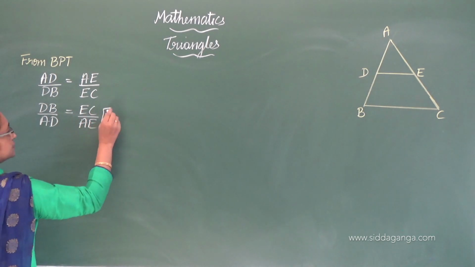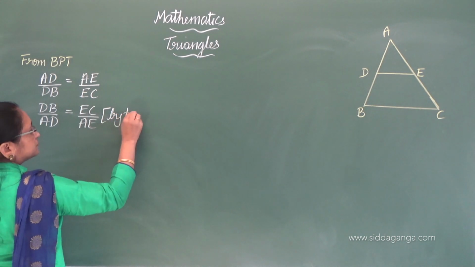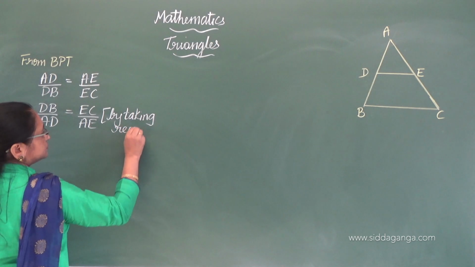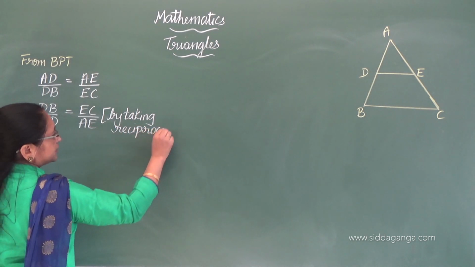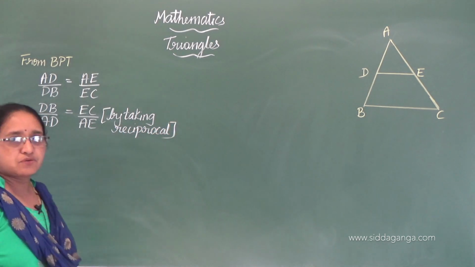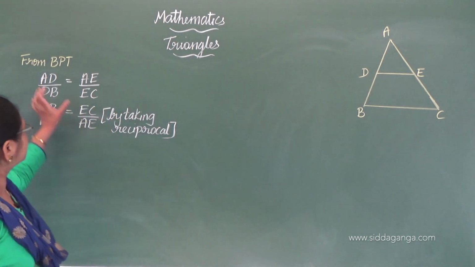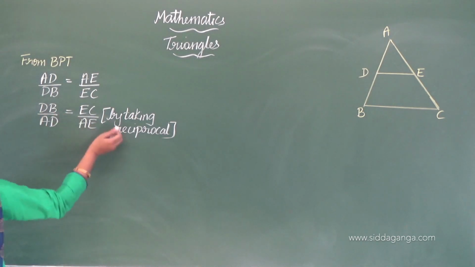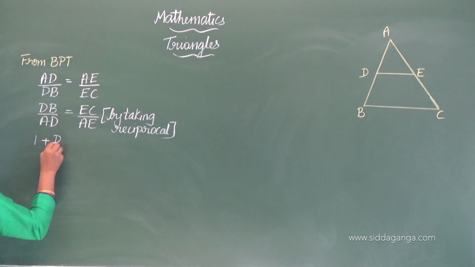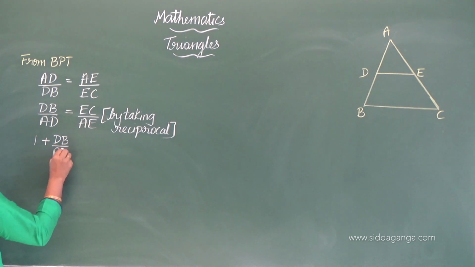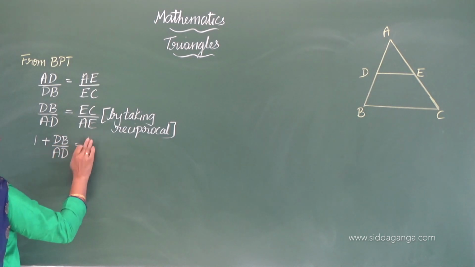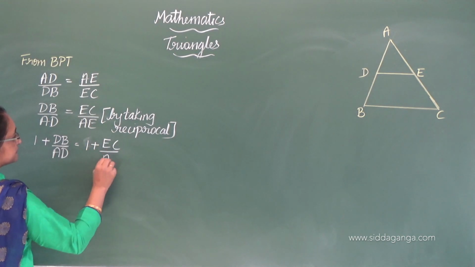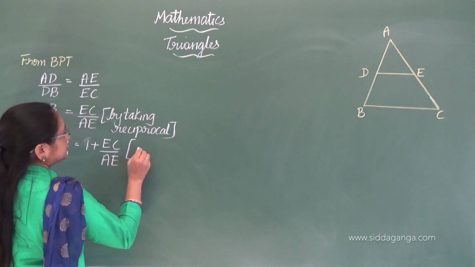What I have done? By taking the reciprocal. I took the reciprocal of this result. Then I will add 1 to both the sides. So what I did?